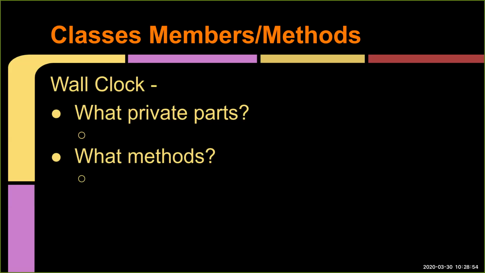You set values for some of its private parts. Right. What might be the most important thing to set for a clock? Probably time. Exactly. So having getters to get what time it is, and setters to set the time, and that's pretty much it.